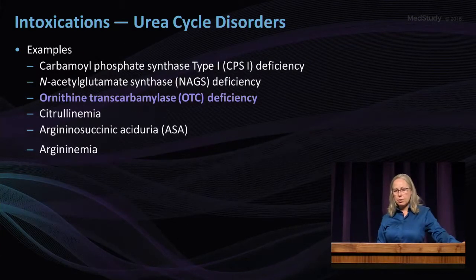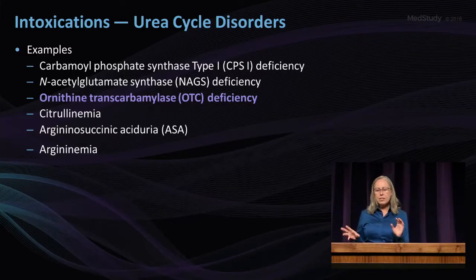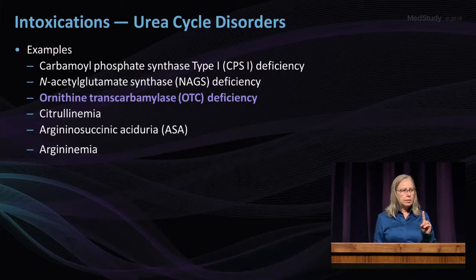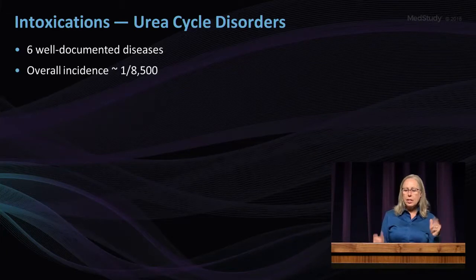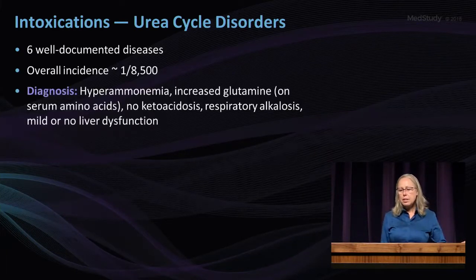All right, urea cycles. 6 diseases, 1 is X-linked. So that's the OTC. So 6. Overall incidence altogether is about 1 in 8,500. All of them, well, most of them, hyperammonemia.